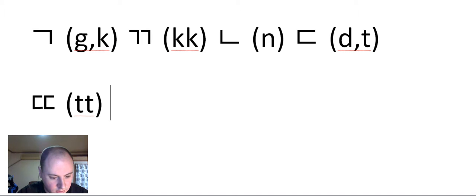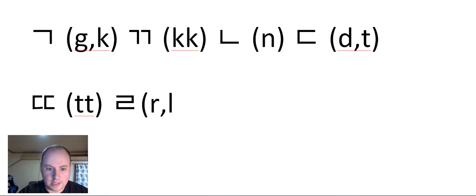Another one we have is, if I can find it on the keyboard, which I can't, hang on. There it is, that character. Now, this is the one that I think about the most when you're talking about sounds that change depending on where the character is.